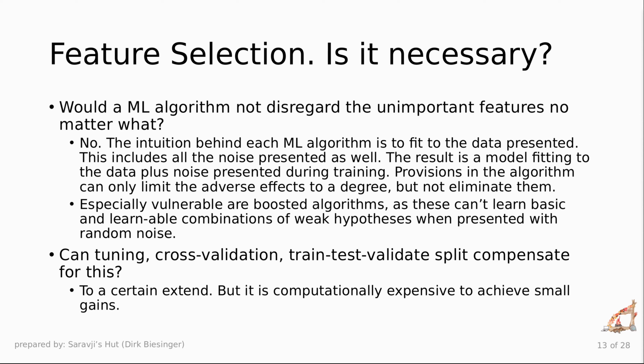Now, can tuning, cross-validation, or a train-test-validate split compensate for this? Of course, to a certain extent. But first of all, it's computationally expensive and time-consuming and quite a bit of user effort to actually achieve small gains.